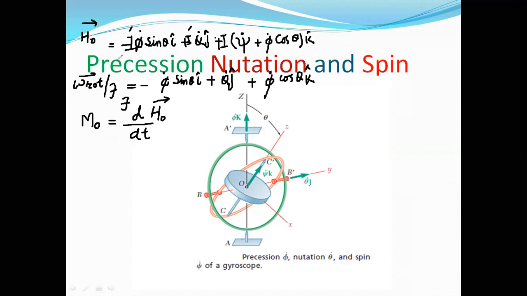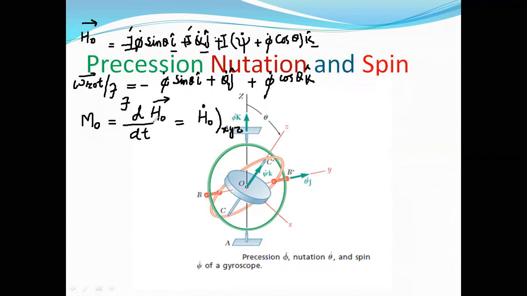Now, as we went on to differentiate it with respect to the ground frame of reference, we can write using the property of derivatives: we are calculating the derivative of angular momentum h naught defined in the rotating frame of reference, small x, small y, and small z, with respect to the ground frame.